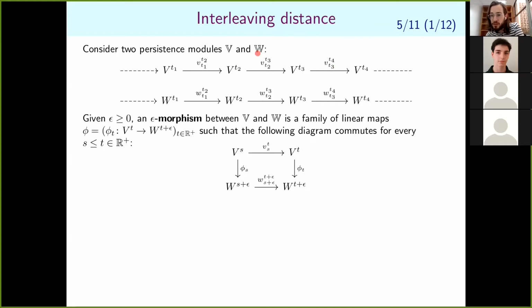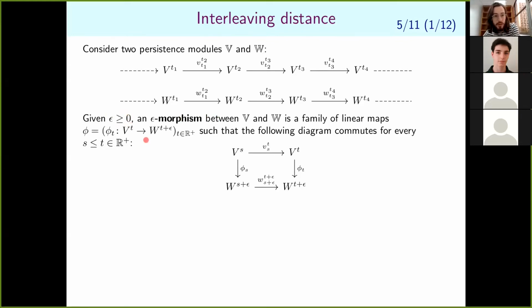Remember that I denote the map between Vs and Vt by V_st. The map between V_t1 and V_t2 is denoted V_t1,t2. Same for W. These are my two persistence modules. First, I will define an epsilon-morphism. Let's take epsilon, a non-negative real number.